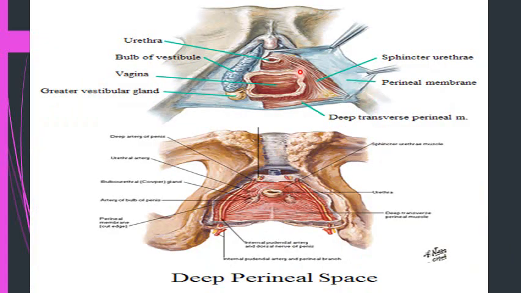This shows you the location of the deep perineal pouch and spaces in the female. By removing that perineal membrane, you can move into the deep perineal pouch, and this is showing you the deep perineal pouch of the male.